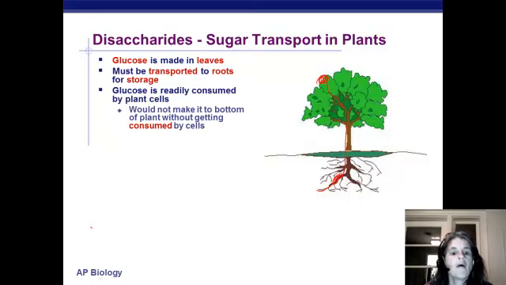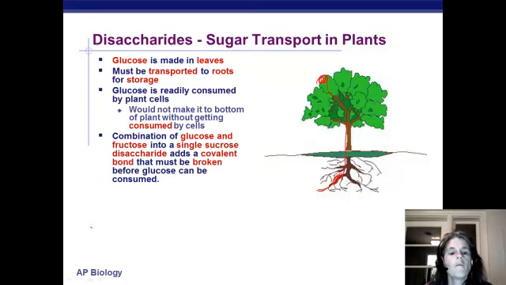So what natural selection has done is that it has favored the joining of glucose and fructose to make sucrose, a disaccharide.